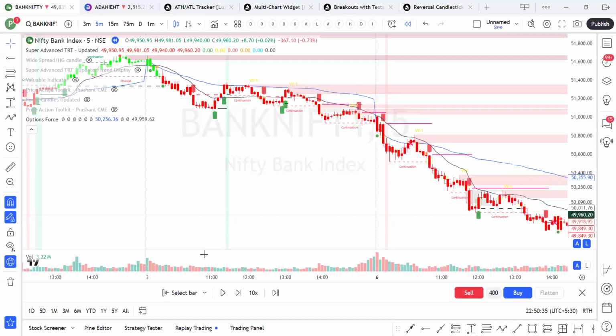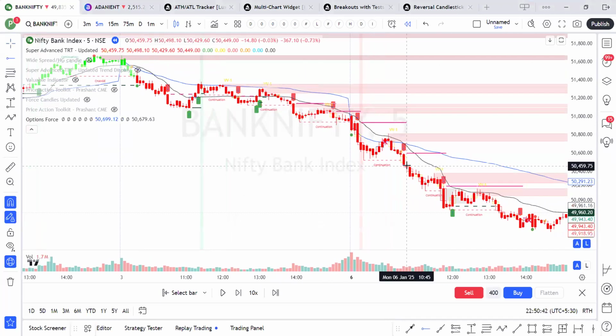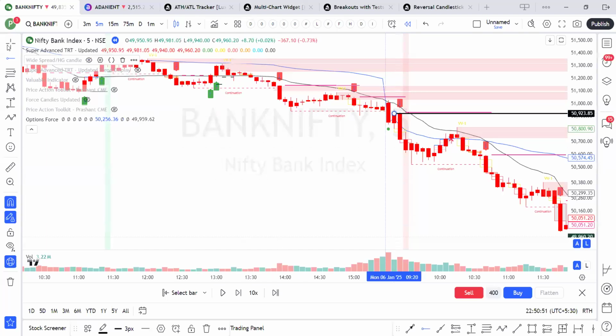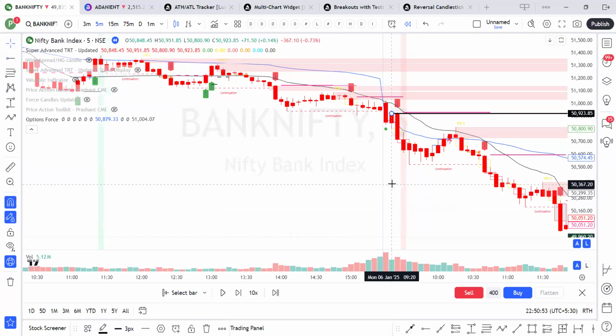Don't go away. So if a signal is created at this level, suppose you want to sell, this is the first candle, and you want to sell at this level, 50,923, for example.